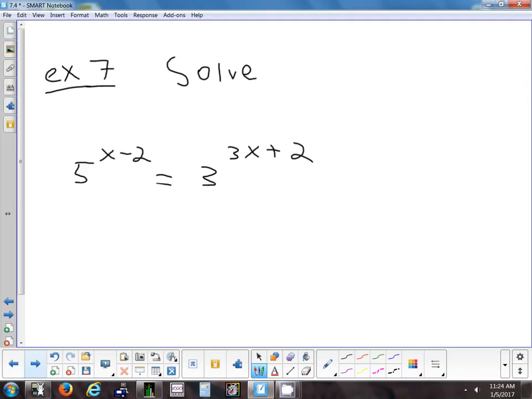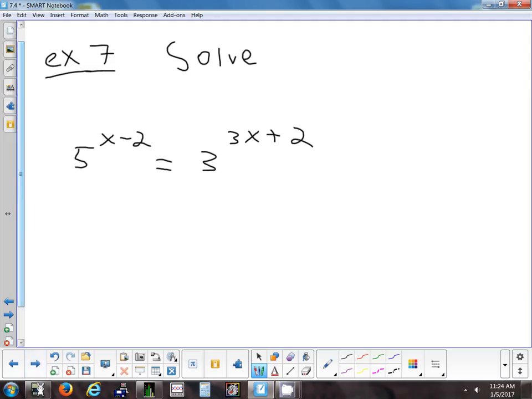This one. All right, so it says 5 to the x minus 2 equals 3 to the 3x plus 2. Okay, and the real problem here is that the bases are different. If the bases were the same, like let's say I had 5 to the x plus 3 equals 5 to the 2x minus 1, that's easy to solve because these already match.